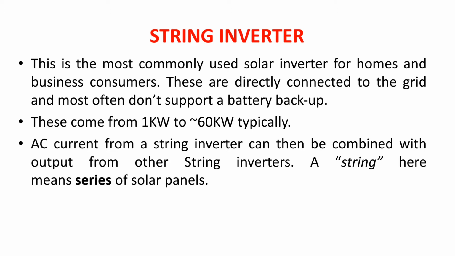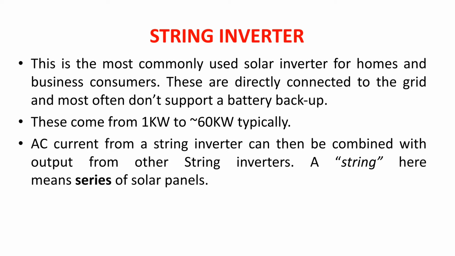And friends, we have already covered microinverters. We can say microinverters are small inverters, string inverters are medium inverters and central inverters are higher or large inverters. These all are grid type inverters only.